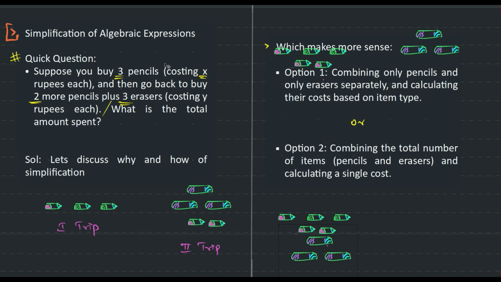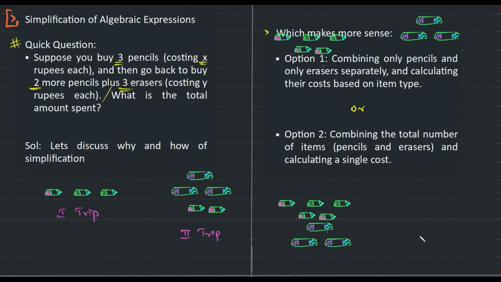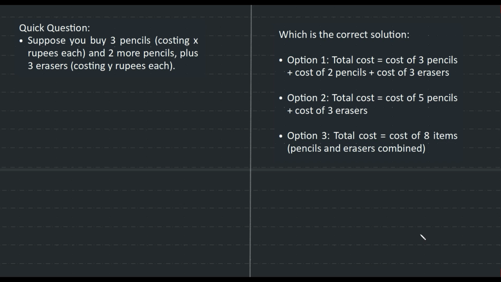Combine all of them and find the costing, which makes more sense. If you pick the right one, honestly, you pretty much are done with the topic. You can do any math. If you do not pick, don't worry, you will learn. As simple as that.